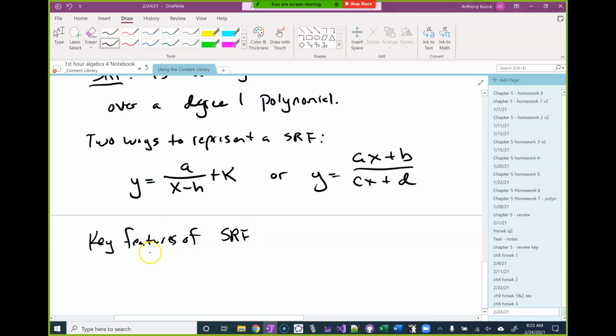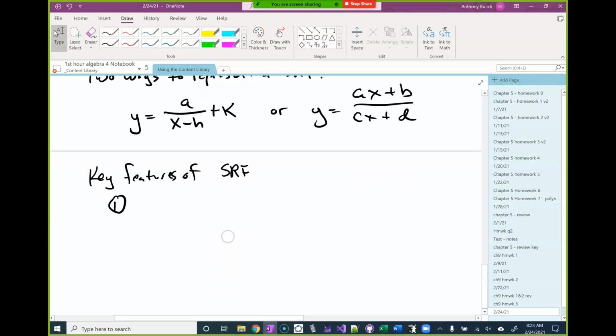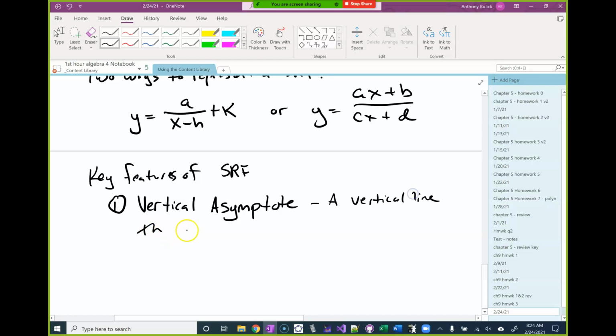The first is called an asymptote, and an asymptote is just an imaginary line the graph approaches but doesn't cross. If we're talking about a vertical asymptote, that line is vertical, that's straight up and down.